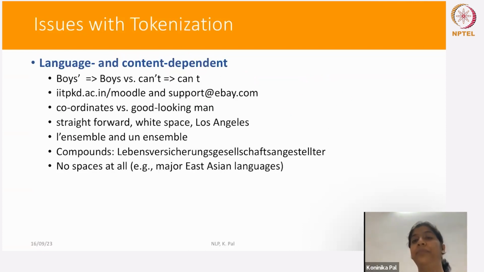For example, if we remove the apostrophe from the word boy's, this is kind of acceptable. However, if we remove the apostrophe from can't, and remove the space as well in the same manner, then we'll reach the word cant, which has a different meaning.